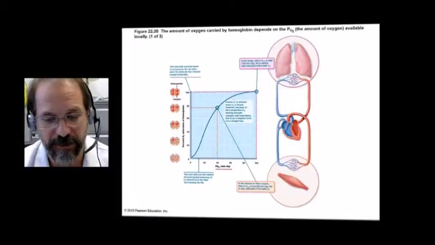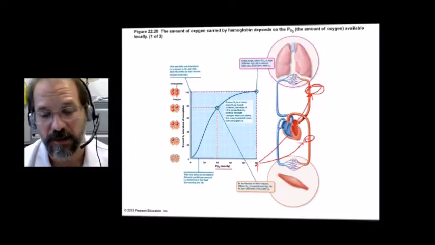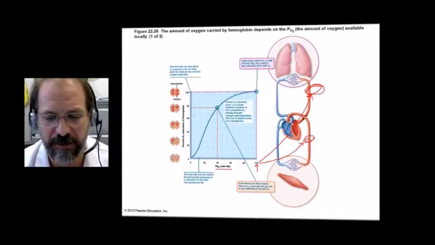At a PO2 of 100, which is what we would encounter right here, on our way off to the tissue spaces having left the lungs, if we follow this line up here, we see on our graph that pretty much hemoglobin is fully saturated.